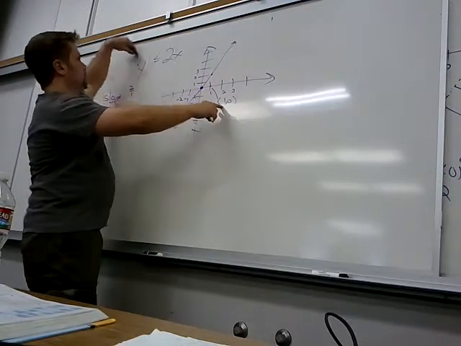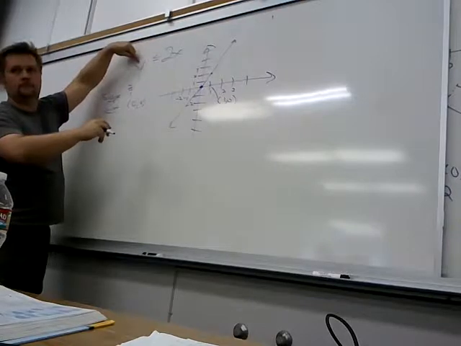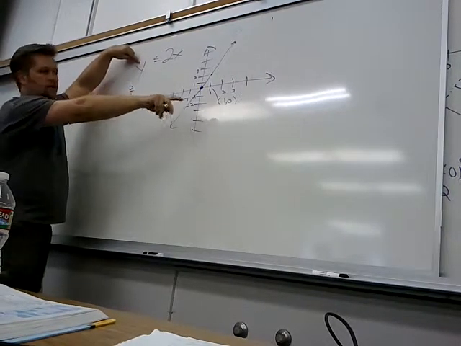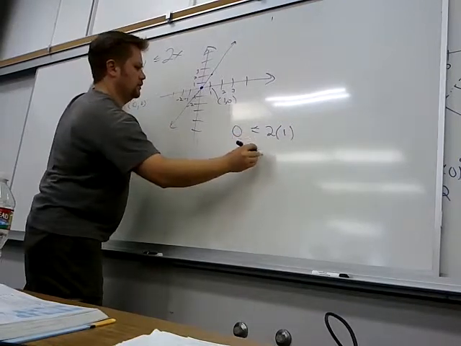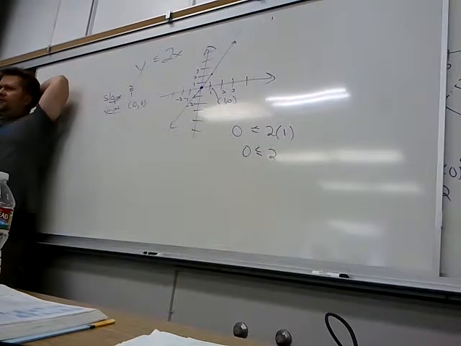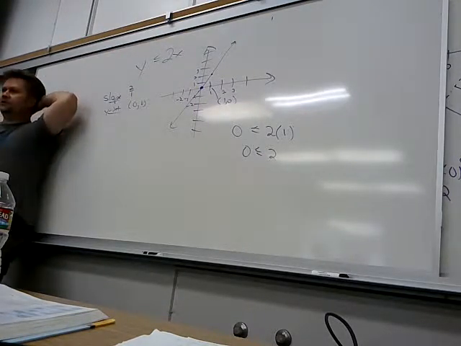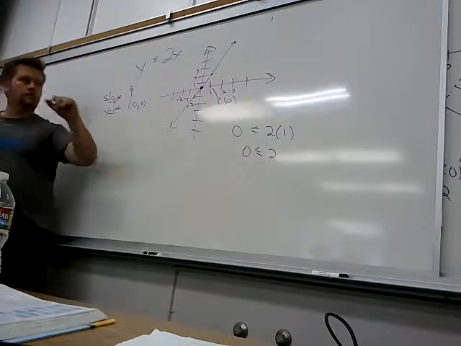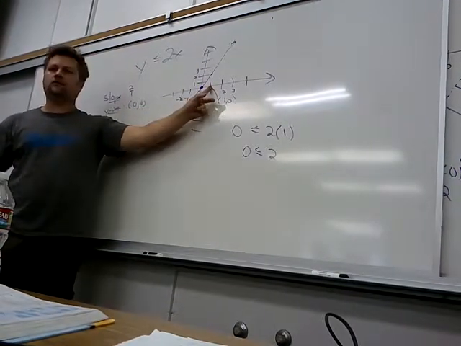So if I plug 1, 0 into this, what does it become? What's y? 0. Is 0 less than or equal to twice 1? Is 0 less than or equal to 2? Don't overthink it. Is 0 smaller than 2? Yes. So which way do I shade? Down, in the direction of that test point, right?